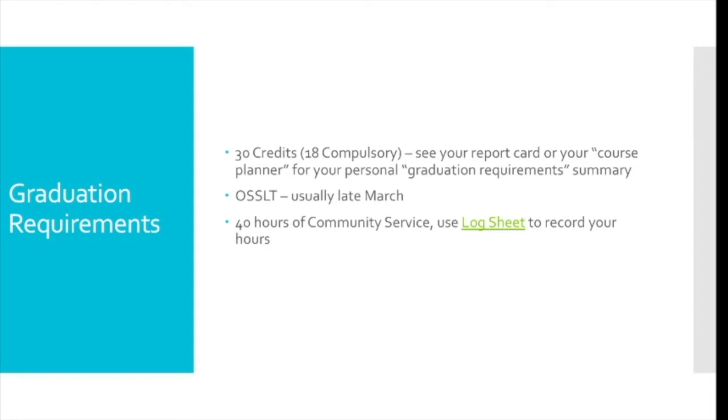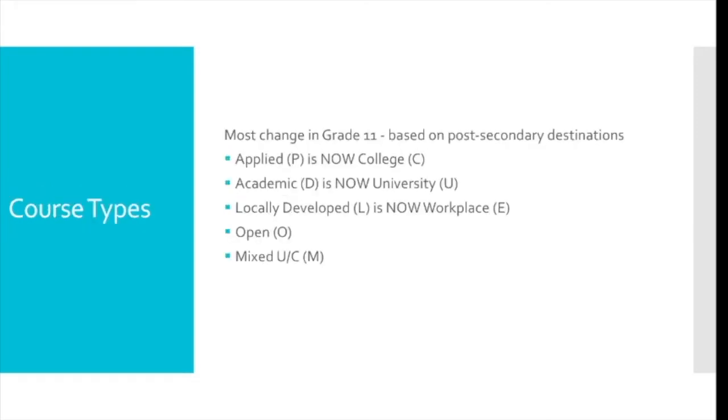Again, this can be accessed on the PDF version of this presentation. The final requirement is the OSSLT, or literacy test. This is a standardized literacy test of reading and writing, which is written in the spring of your grade 10 year. Students who write this test but do not pass have the option of rewriting the following year or taking the OLC literacy course instead.